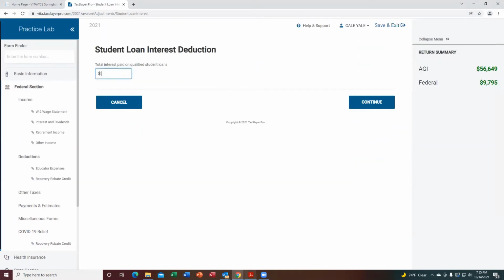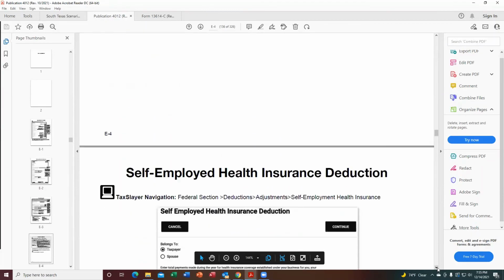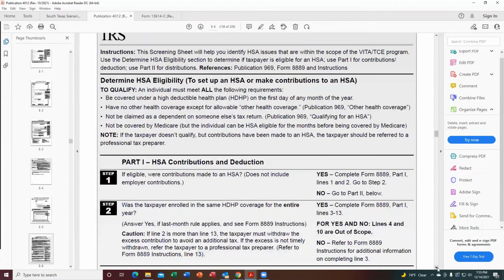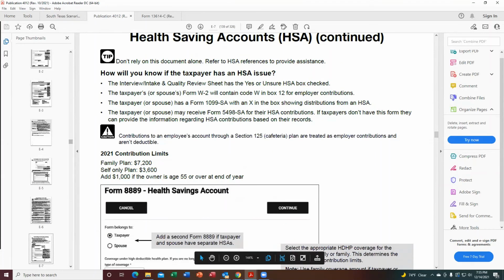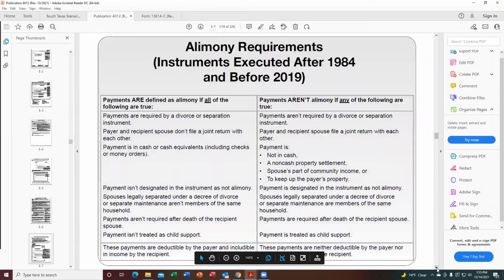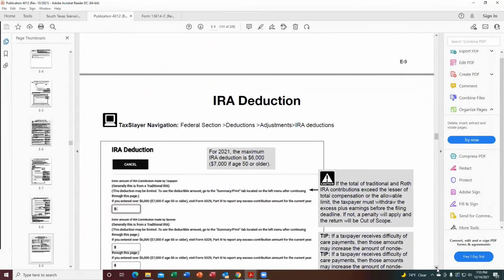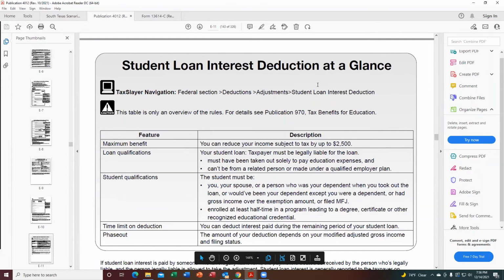And again, going back to the 4012. Let me see where the student loan interest is. Should be around here. There it is. So student loan interest, you can reduce your income subject to tax for up to $2,500.